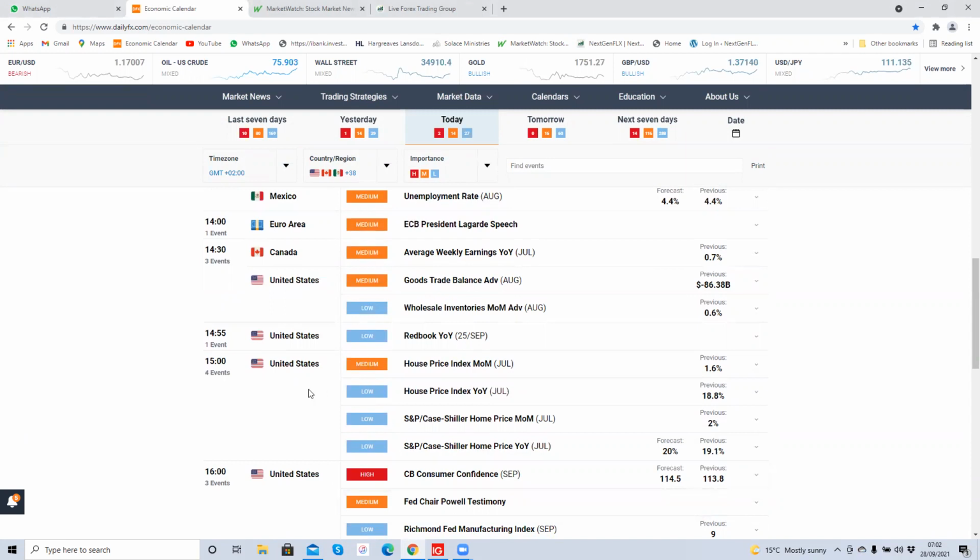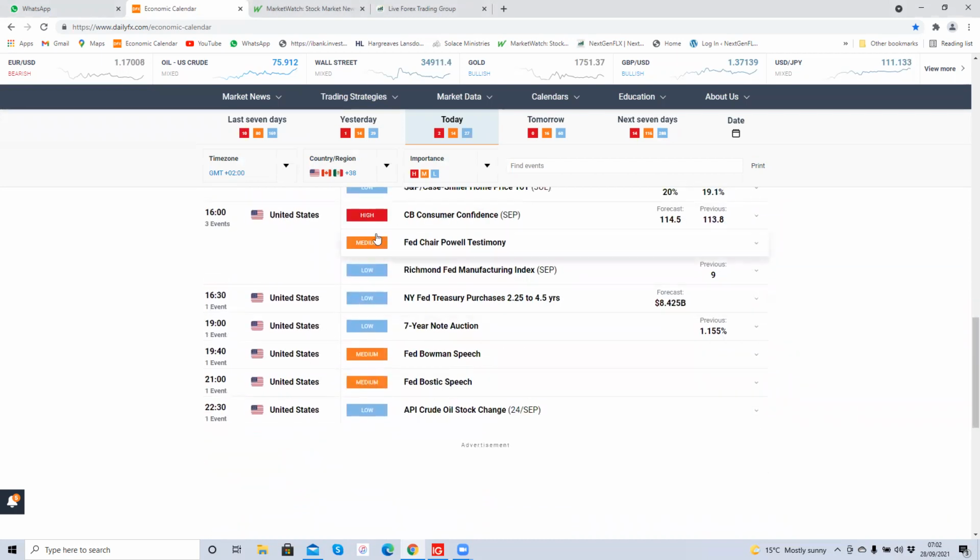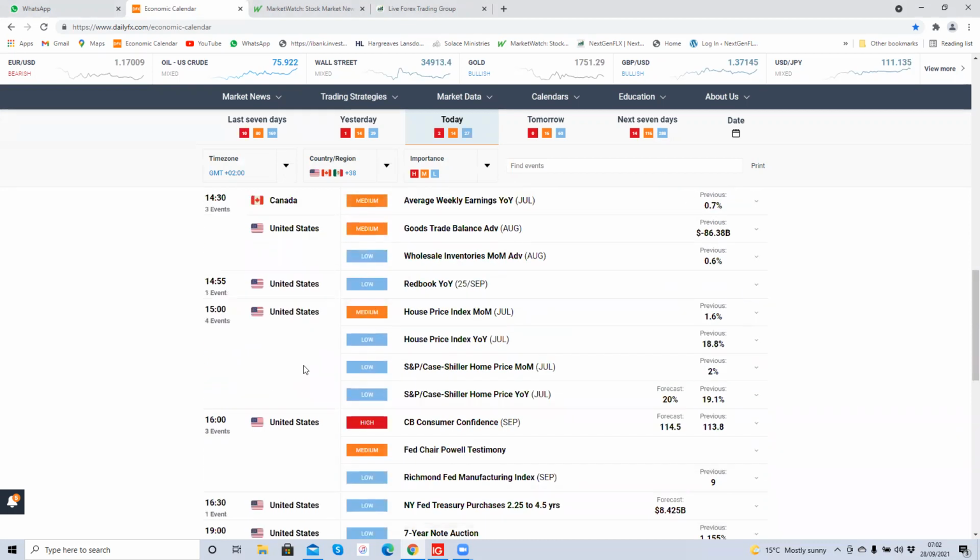So it's best to avoid trading both the Euro US dollar and the dollar Canadian dollar prior to this report at 4 p.m. And that report is the last report of high importance for today. So for today, I'm going to avoid trading both markets prior to 4 p.m. And then at 4 p.m., I will reassess the market just before the report and decide where to place my trades.